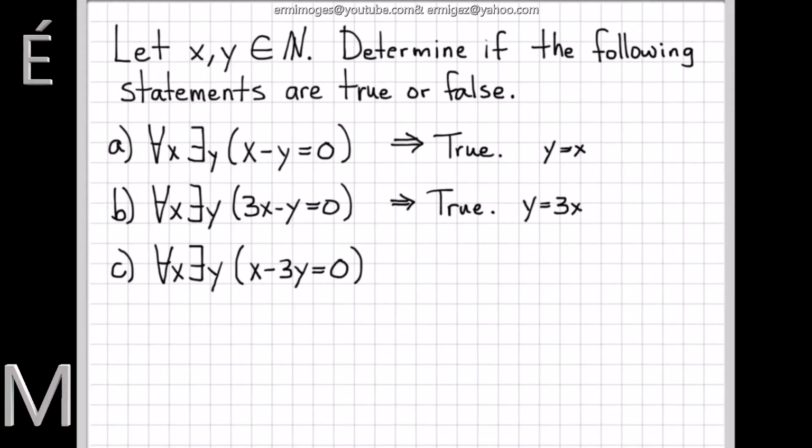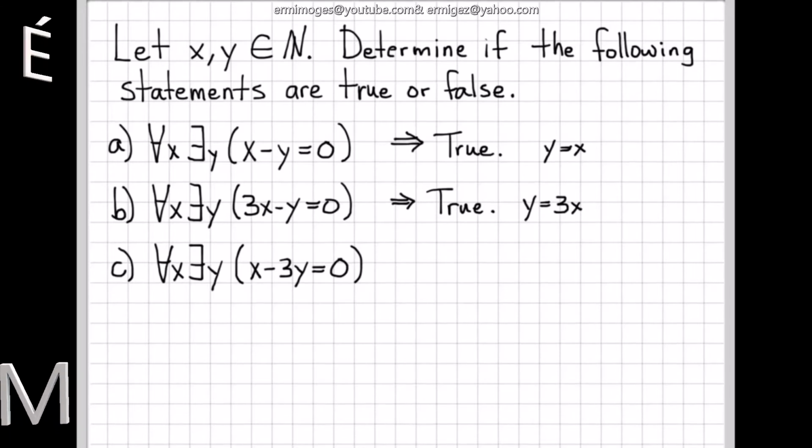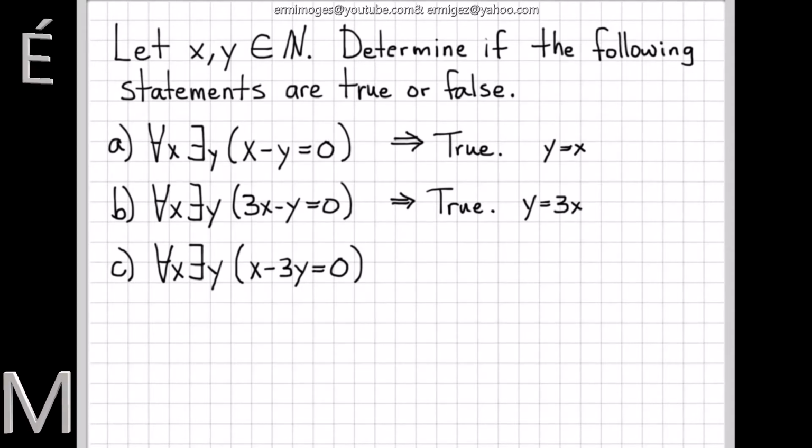Well, that's easy to do. y would equal 1, and I would have 0 equals 0, and this would be true. But what about when x equals 1? I need 1 minus 3y to equal 0. The only way that can happen is if y is equal to a third. And y equal to a third is not a natural number. Okay? So there are definitely cases where the value for y that I need is not a natural number. So this is a false statement. This is not true.